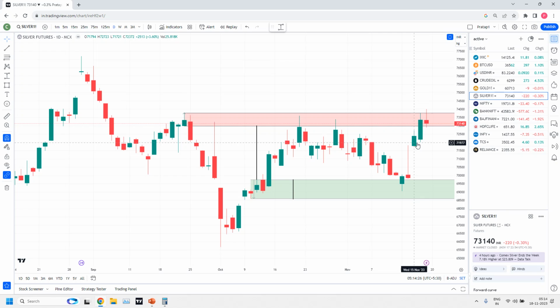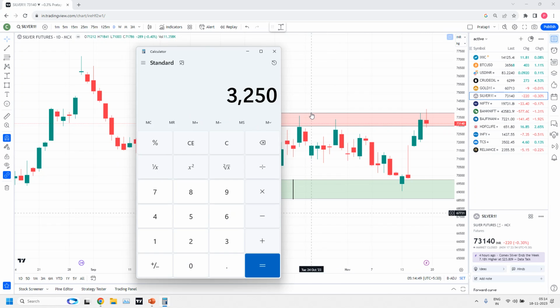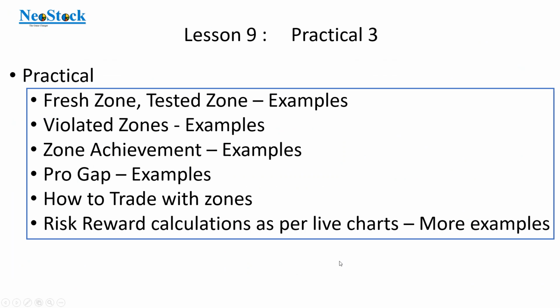So this is how you trade the zone. Before trading the zone, you need to calculate whether it is having good risk or not. So we have seen how to trade with the zones by calculating the risk reward.